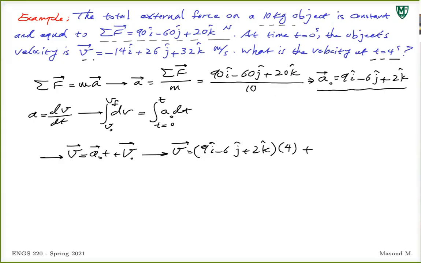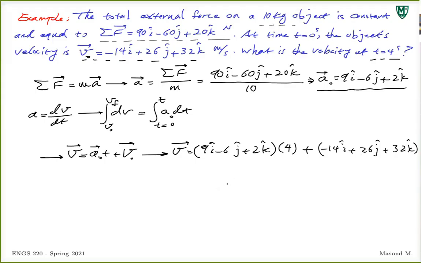V naught is also given; this is our v naught right there, the velocity at t equals 0: minus 14i plus 26j plus 32k.